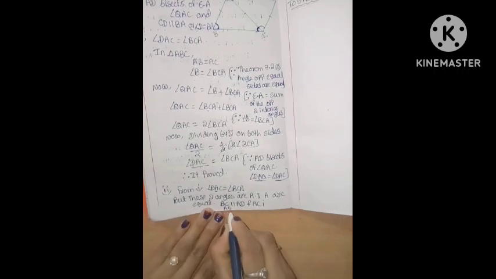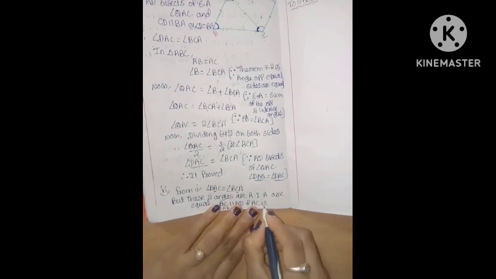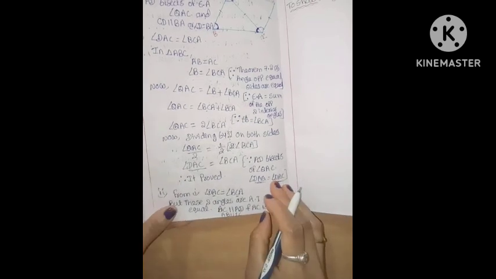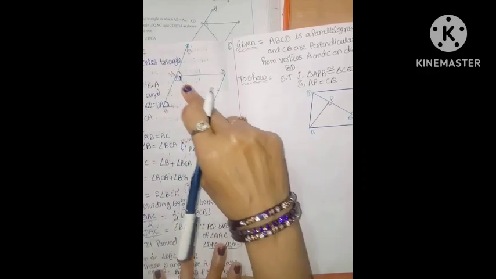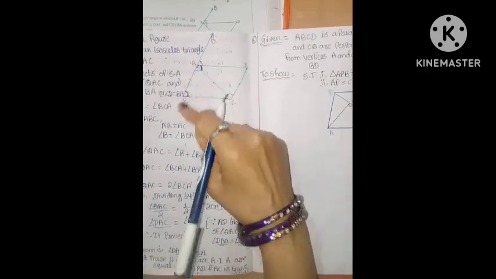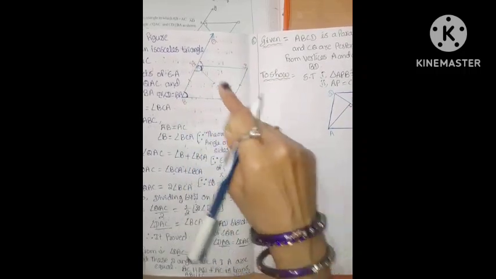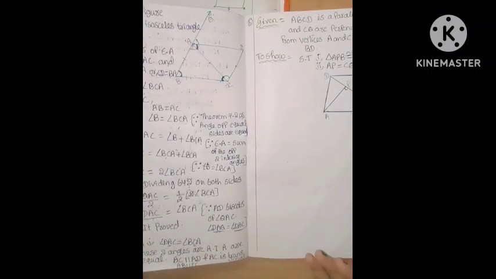Otherwise, AB is parallel to DC, and AC is the transversal. BC is parallel to AD only, and this is the transversal. These two are parallel, this is the transversal, so these two alternate interior angles are equal. Are you understood?